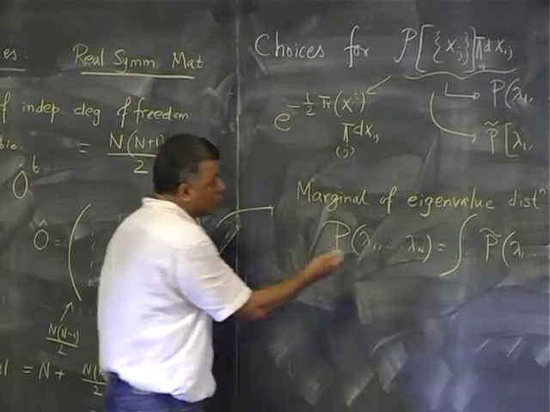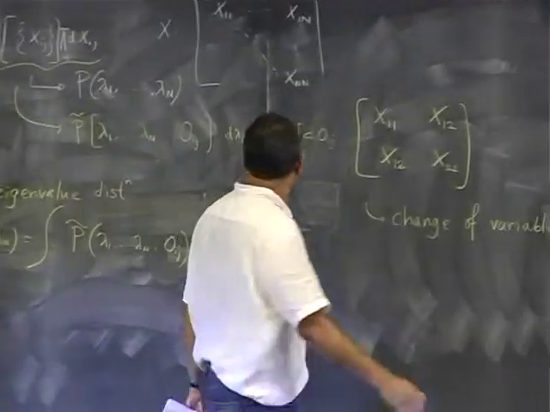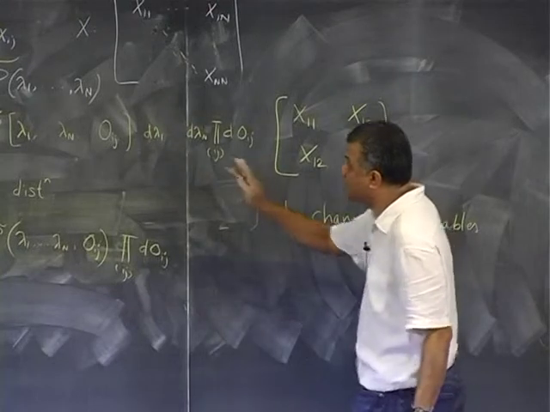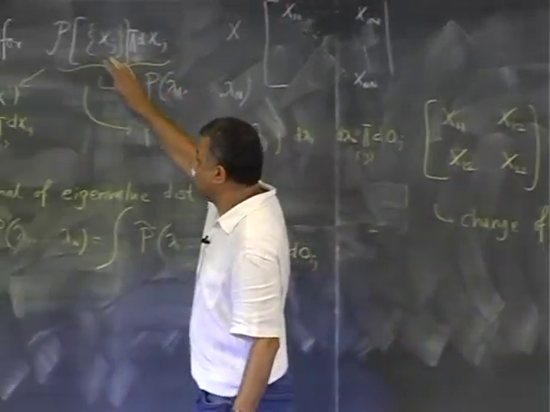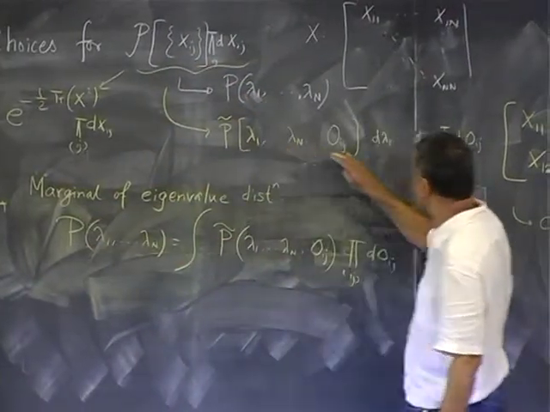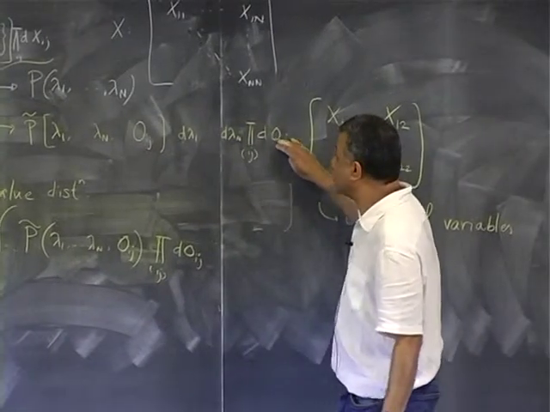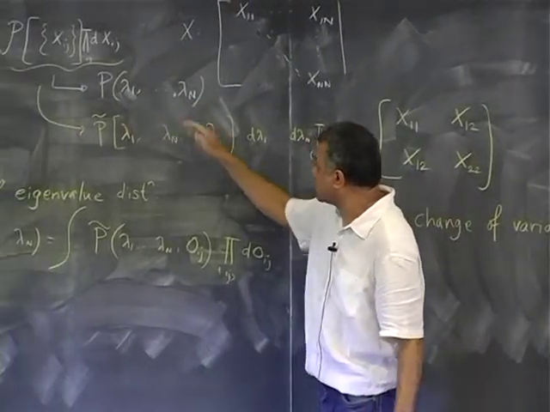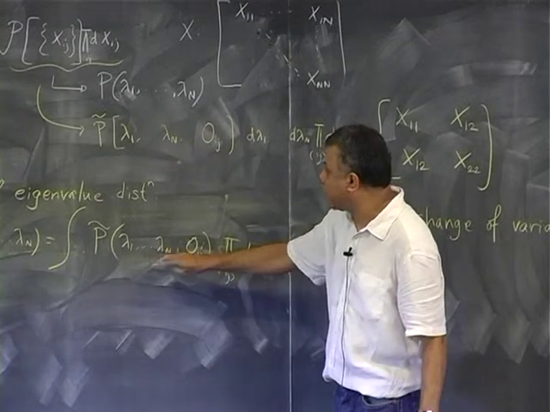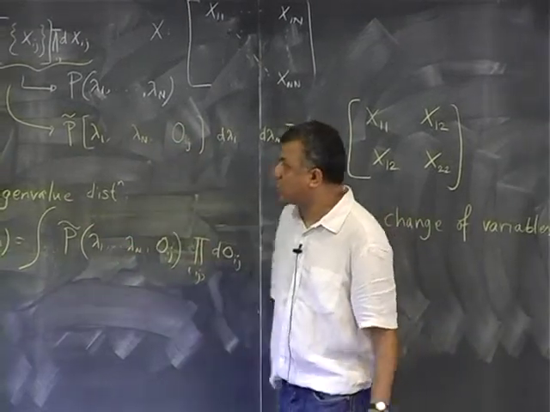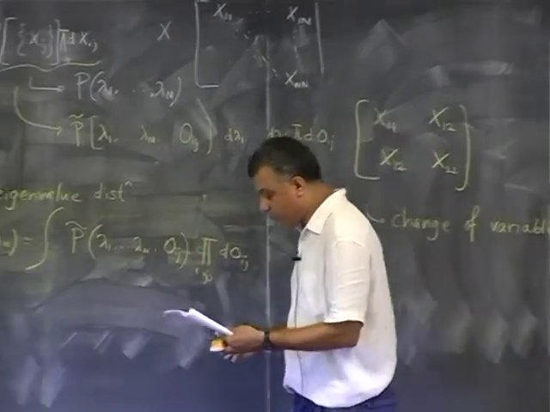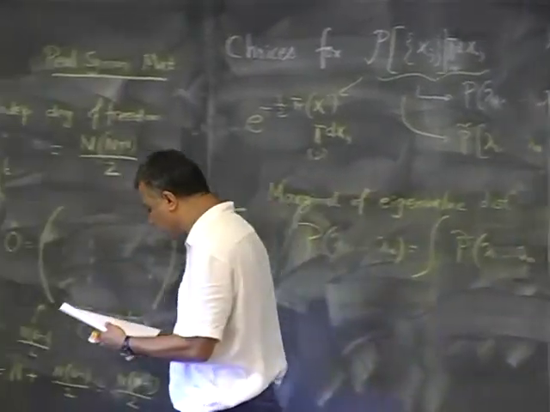That will give me the joint distribution of the eigenvalues. So there is a two-step process. First, starting from this, under this transformation, you find the joint distribution of these eigenvalues and eigenvectors under this change of variable, and then you integrate over the eigenvectors to get the joint distribution of eigenvalues. And we'll see how it works now.